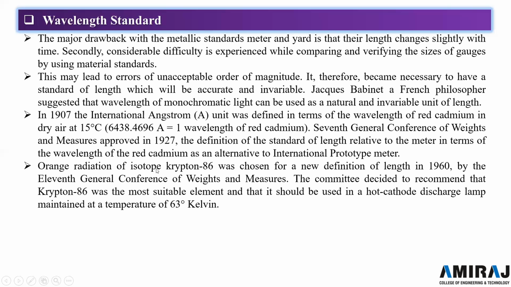Orange radiation of isotope krypton 86 was chosen for the new definition of length in 1960. By the 11th General Conference of Weights and Measures, the committee decided to recommend that krypton 86 was the most suitable element and that it should be used in a hot cathode discharge lamp maintained at a temperature of 63 Kelvin.